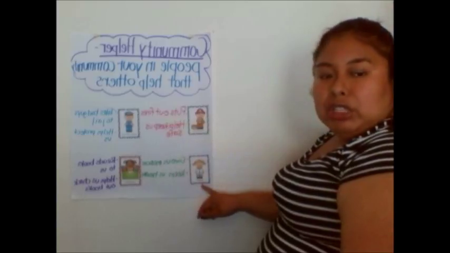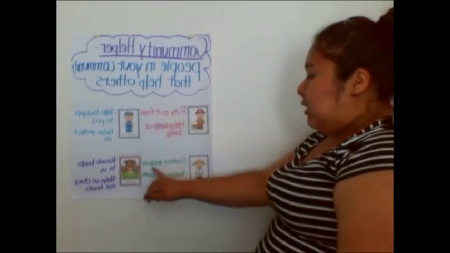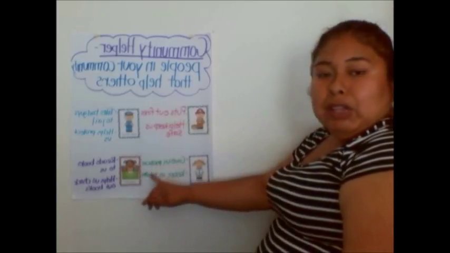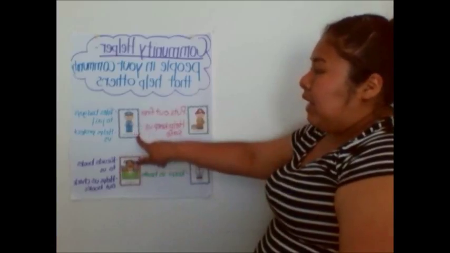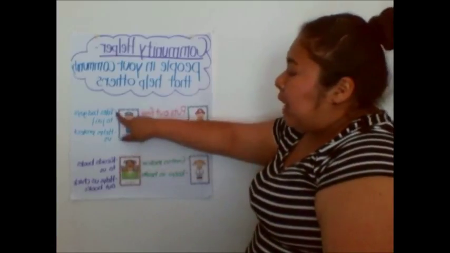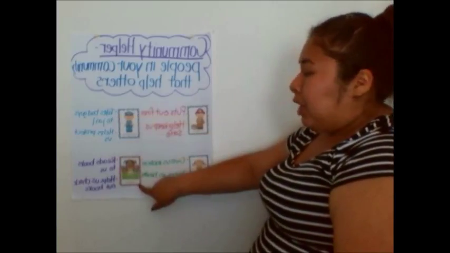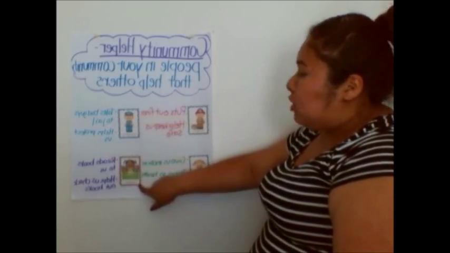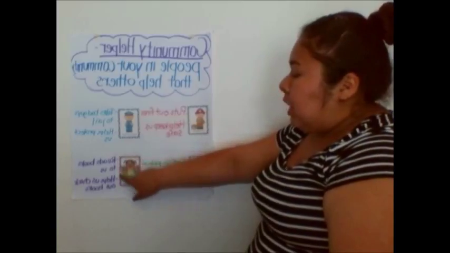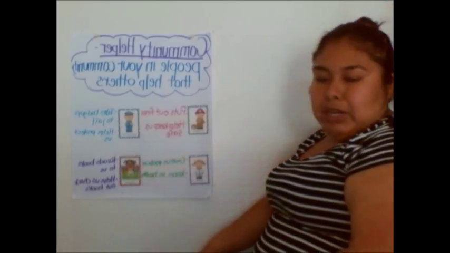A doctor gives us medicine and keeps us healthy. A policeman, like Eduardo said, takes bad guys to jail and helps protect us. And a librarian, who we find in our schools, reads books to us and helps us check out books.